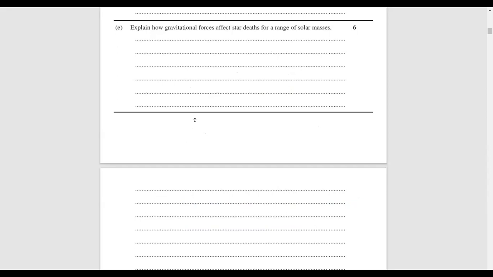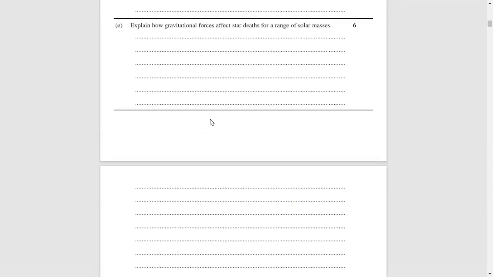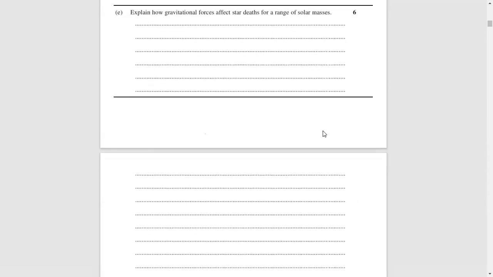Okay, explain how gravitational forces affect star death through a range of solar masses. So this is basically talking about the life of stars. And again, there's a 6-mark question. So you basically want to talk about how the star life cycle, the different types of star life cycles.